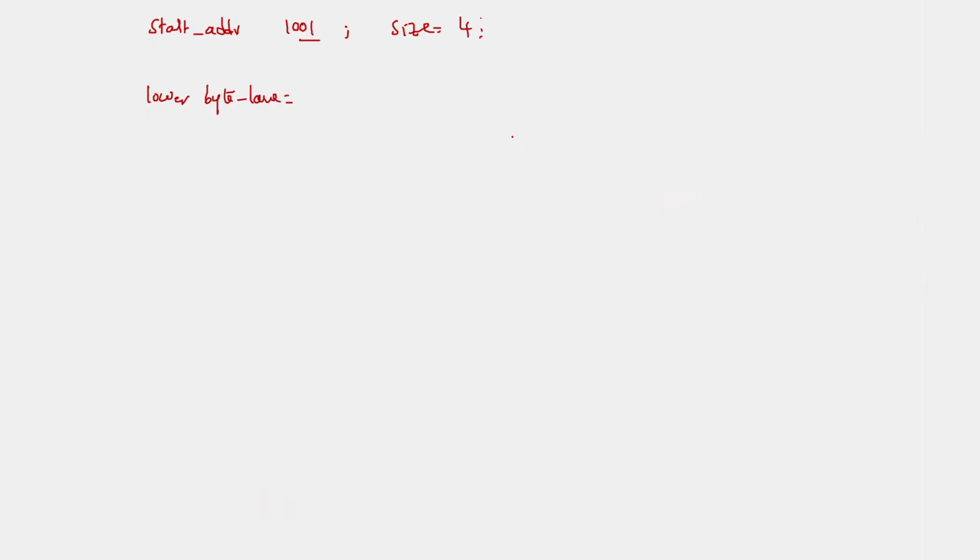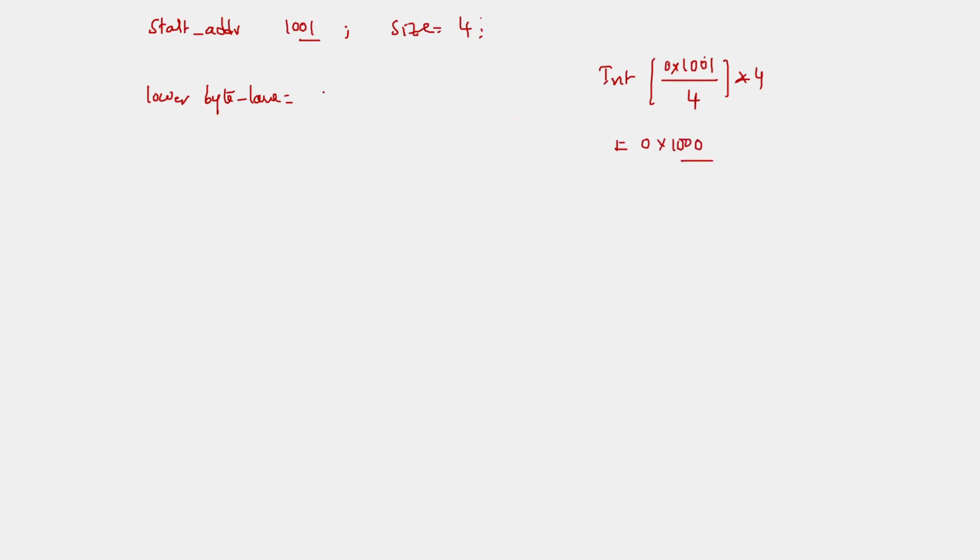So the start address is 0x1001, divided by 4 and multiplied by 4. It should be divisible by 4, then you will get the aligned address, approximately equal to 1000. So this is the 1000.